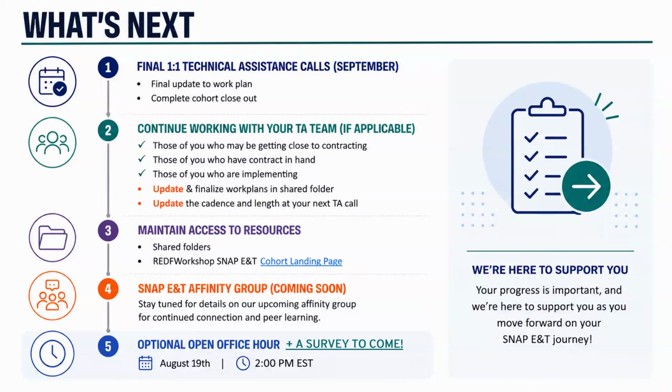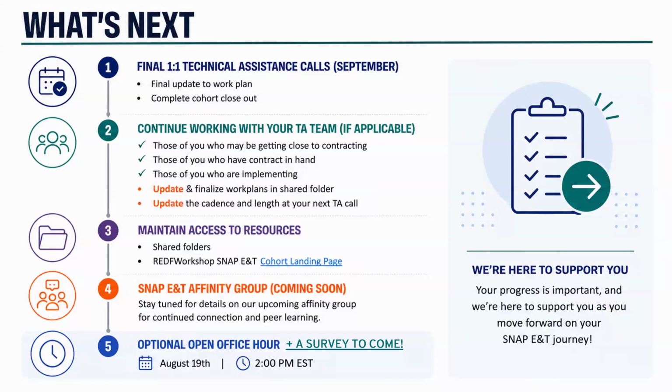It's really a great place for us to work together as a community and understand some of the challenges that we have, some of the successes that we've had, and keep people updated on things that they're hearing about as it relates to SNAP E&T and how it affects your program. So look forward to that affinity group announcement and the schedule for those.